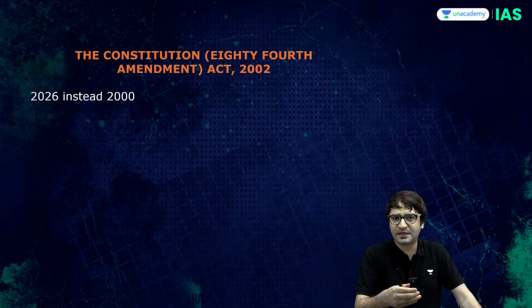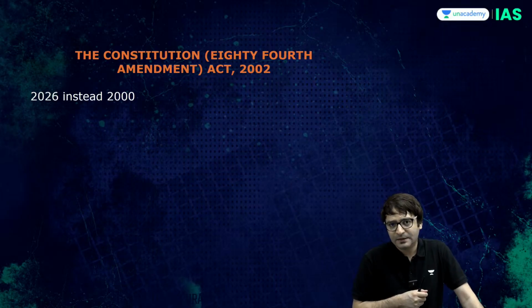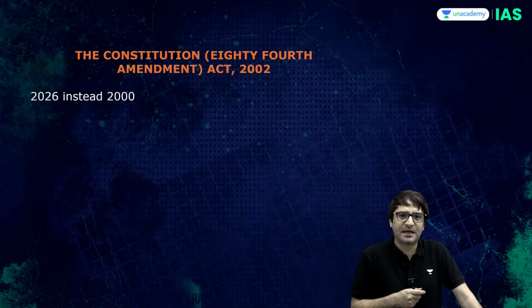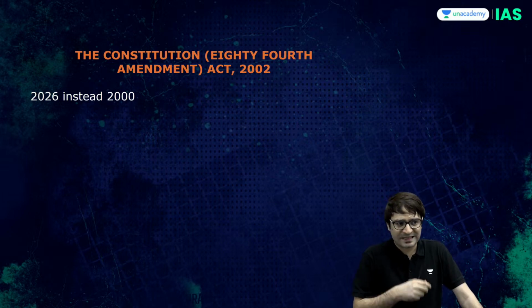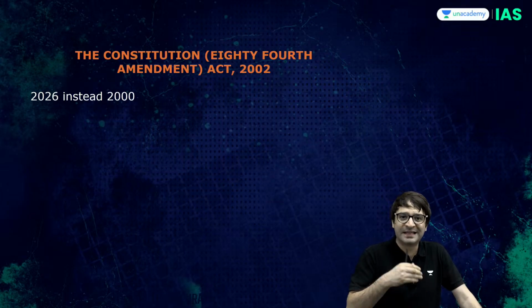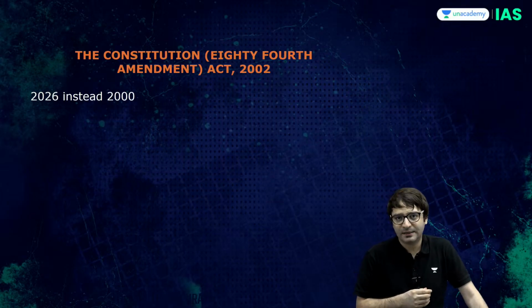This is where the southern states felt that we are at a political disadvantage. We are being penalized for doing good because we have implemented family planning programs effectively. The northern states are being favored for doing bad. They are given incentive for doing bad.